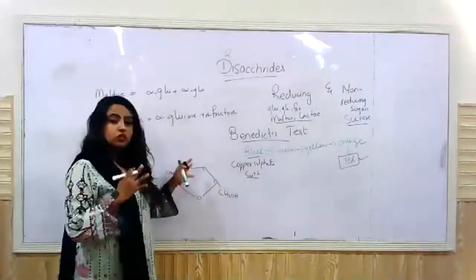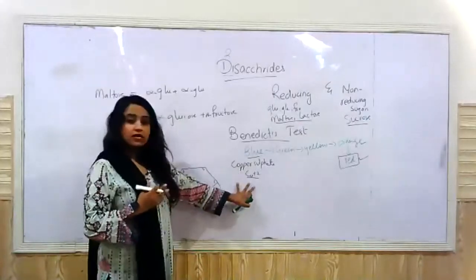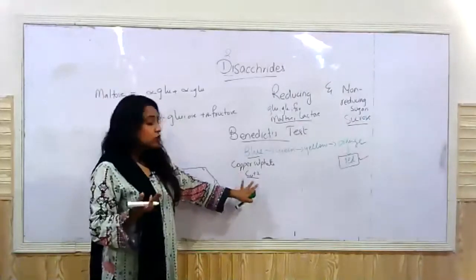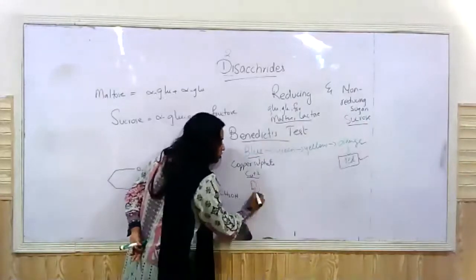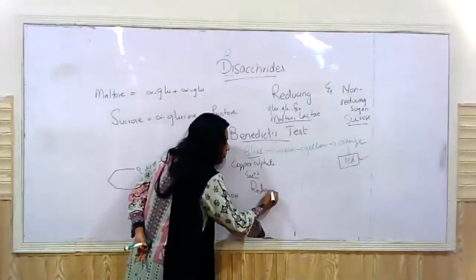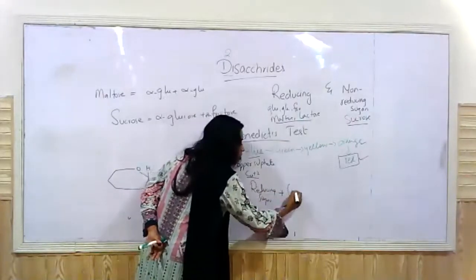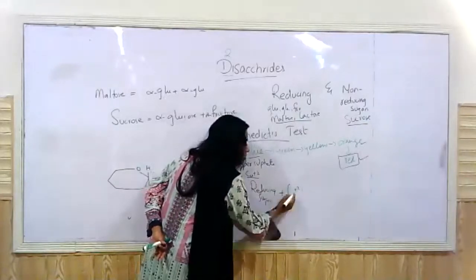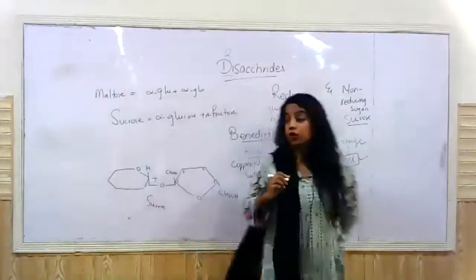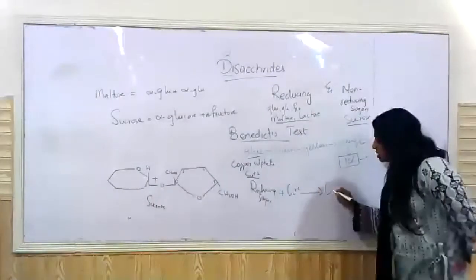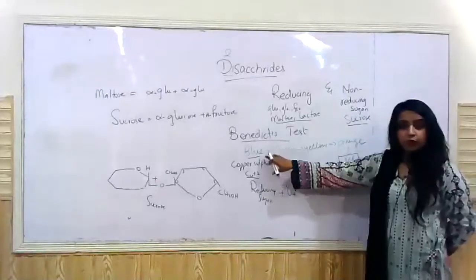When the reducing sugar reacts with this copper, it reduces it to copper +1 ions. So the reducing sugar plus copper ions, Cu+2, converts it to Cu+1.